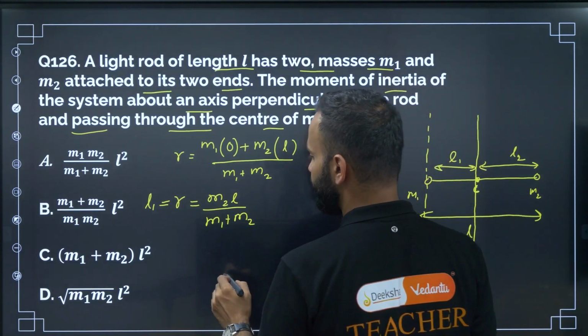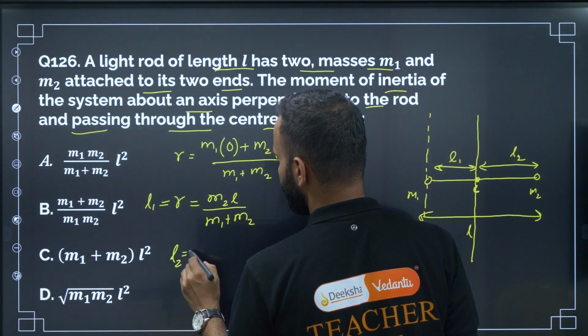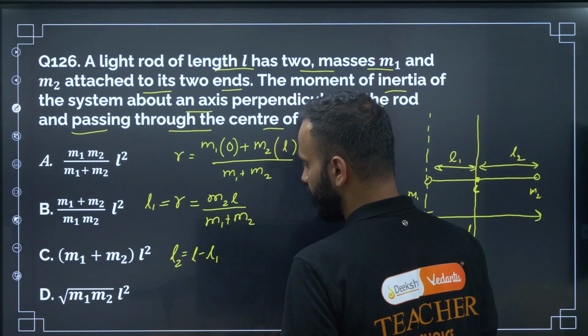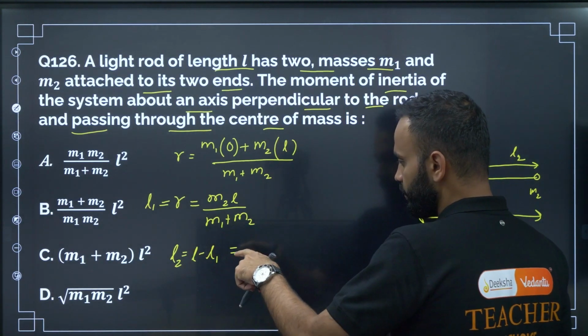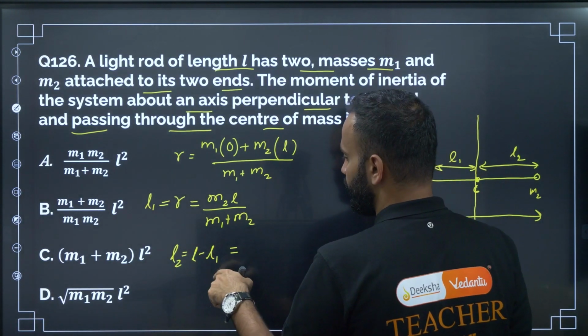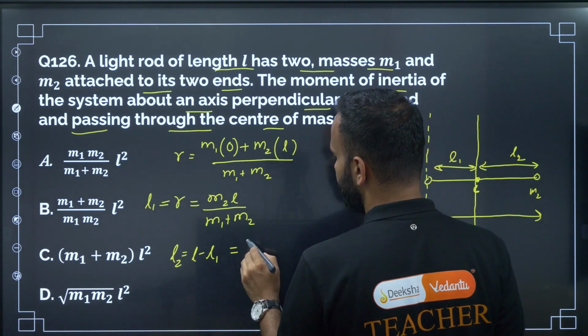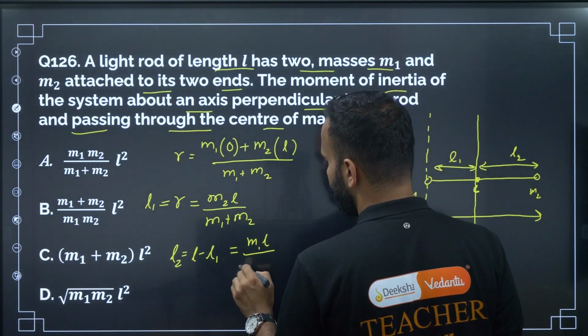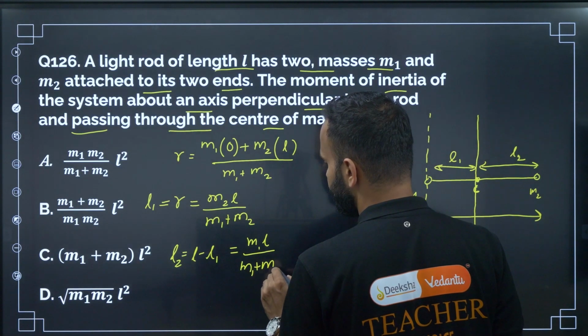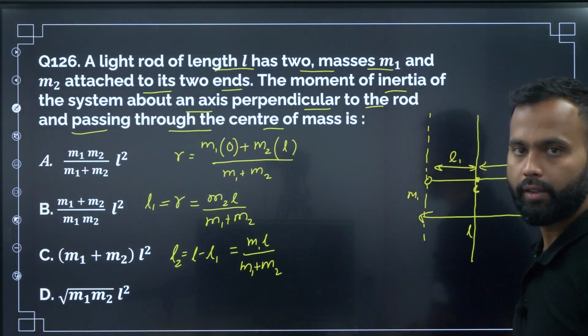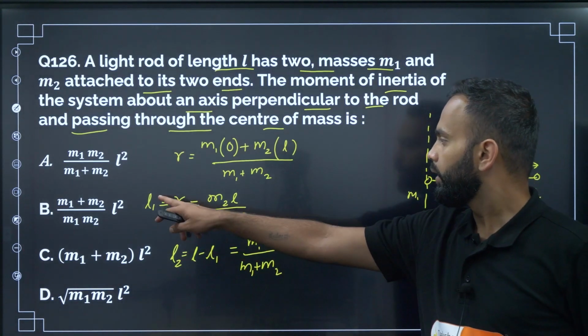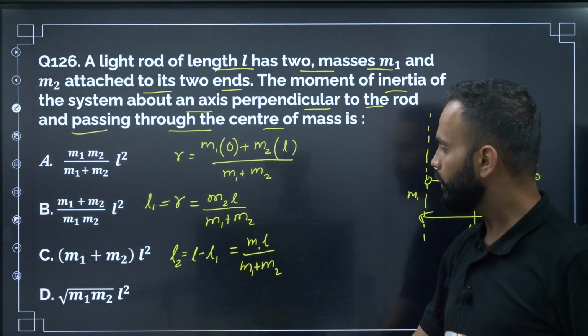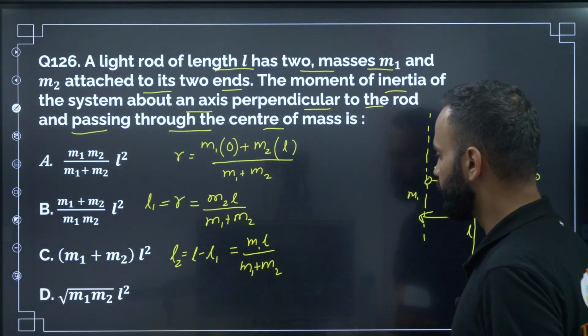So we can easily find L2. L2 is equal to L minus L1. If you solve this, you will get m1 into L divided by m1 plus m2. So now we found L1 and L2. Now we can easily find the moment of inertia.